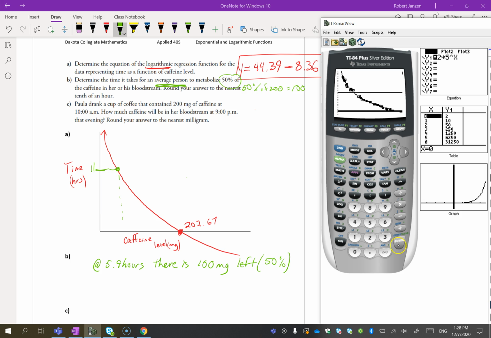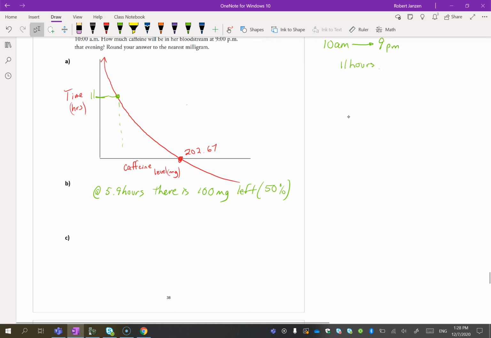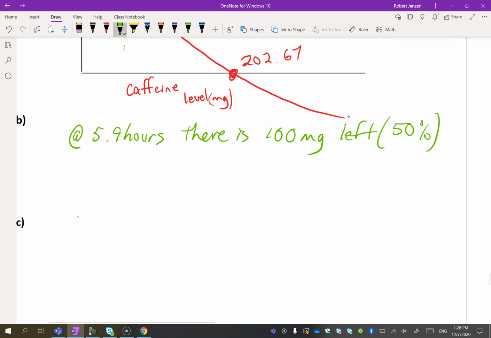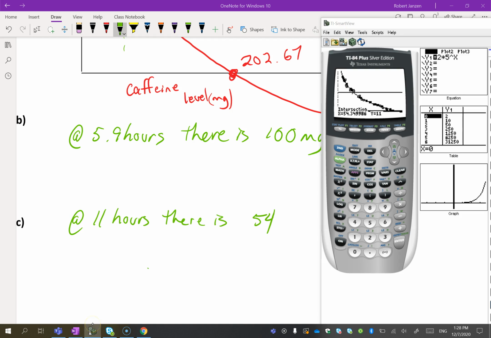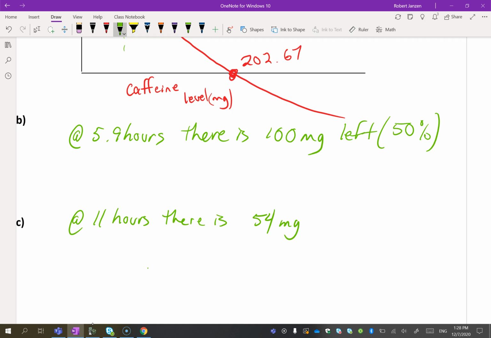I'm not going to guess. It tells me that when y is 11, there is 54 milligrams of caffeine left. Okay, so let's write that. At 11 hours, there is 54 milligrams of caffeine left.